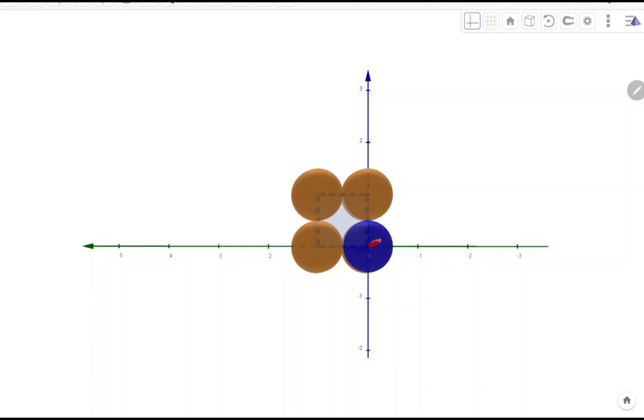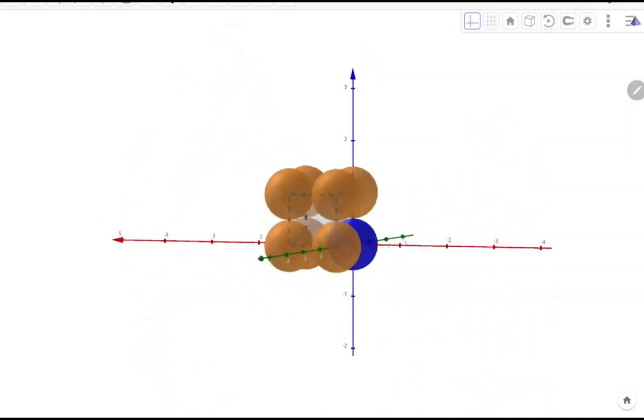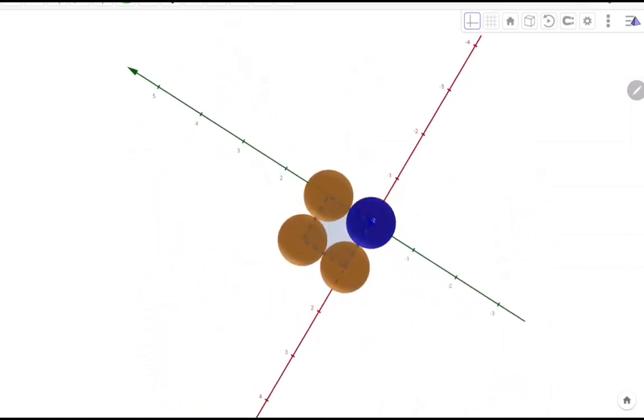Now when we rotate this one, in the zy plane, this is z and this is y right here. The second nearest neighbors are this one here, another one here, another one here, and another one here. So in the yz plane, another 4 second nearest neighbors. Now the third part is in the xz plane, right here.